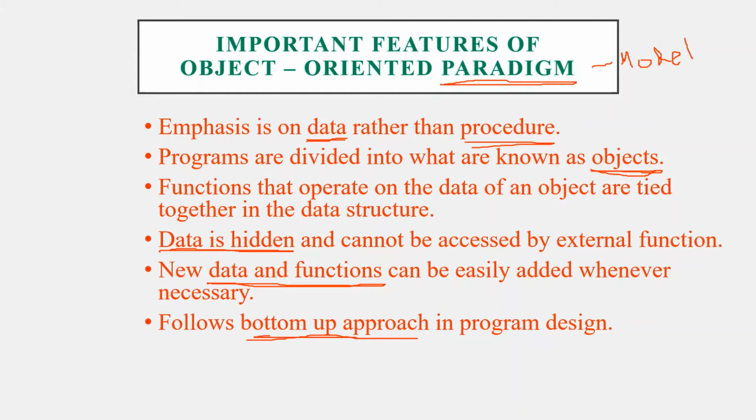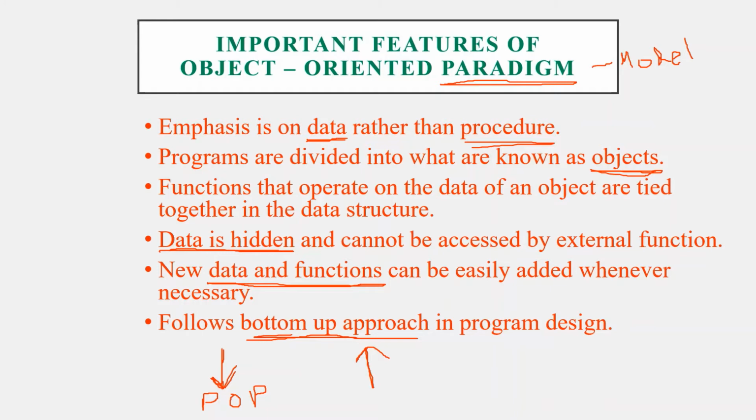See, there are two types of approaches. One is top to bottom approach, second one is bottom to top approach. So top to bottom approach is followed by procedure oriented programming languages. Just now I told you that C language is procedure oriented programming where everything is written in terms of functions or procedures.